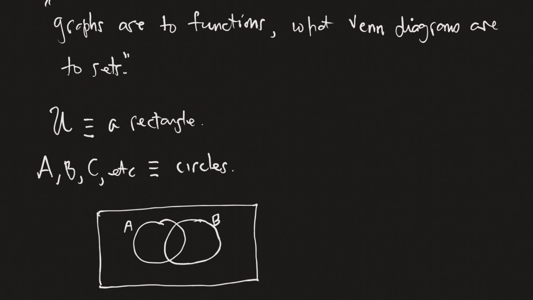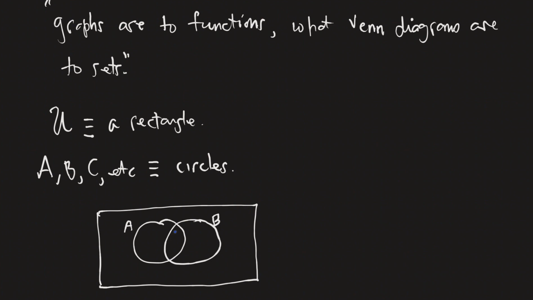So what I'm going to do is use this one and illustrate a few of the operations that we've talked about. Once my illustration gets too messy, I'll draw another one and illustrate some more. I'll try to put as much as I can on this one without making it too confusing.